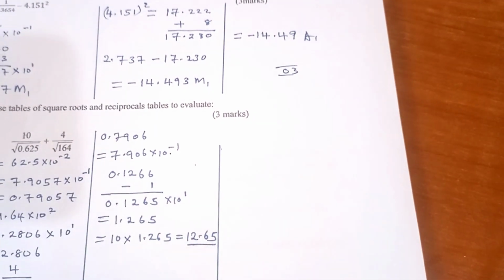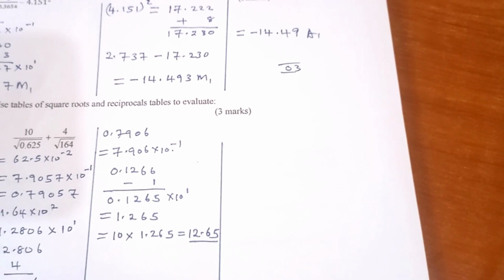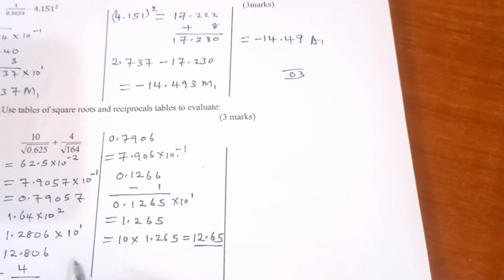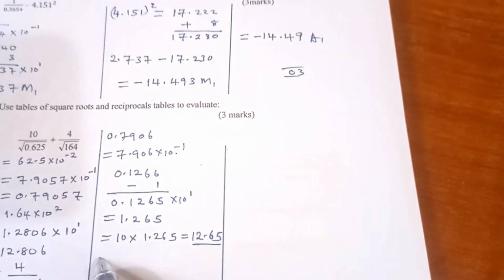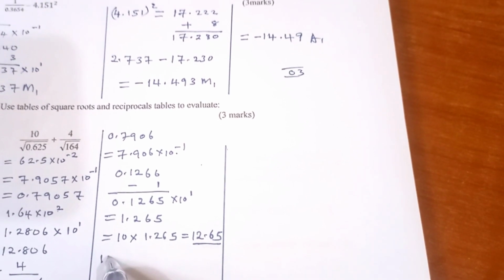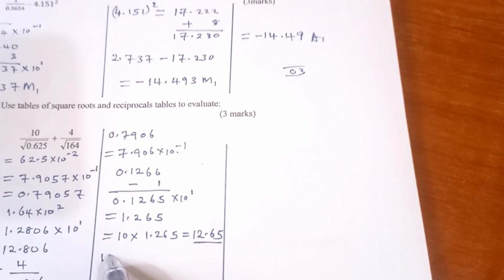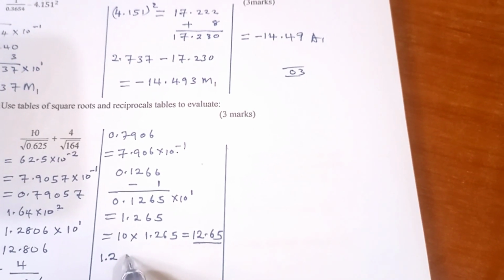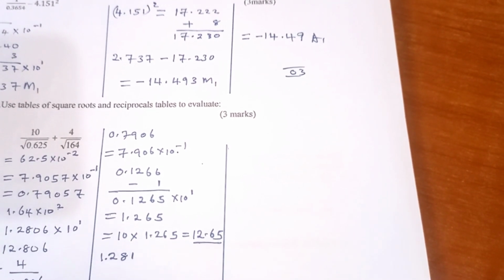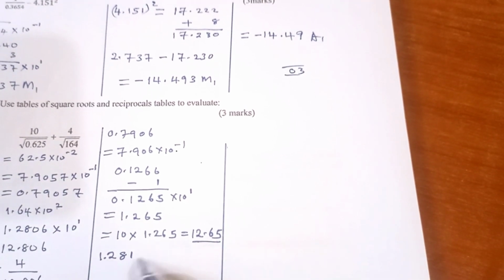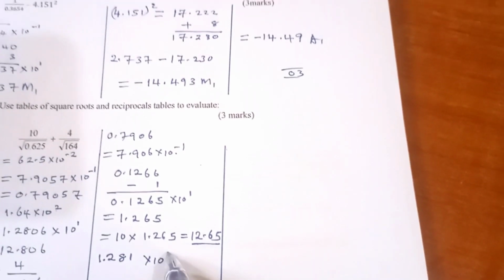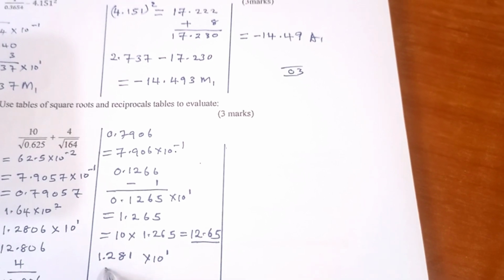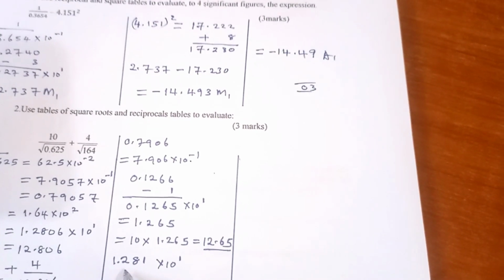So we move on to the second part, whereby we look at the reciprocal of 12.81, that is 1.281 times 10 to power 1. So writing it in standard form, we get the reciprocal from the table.